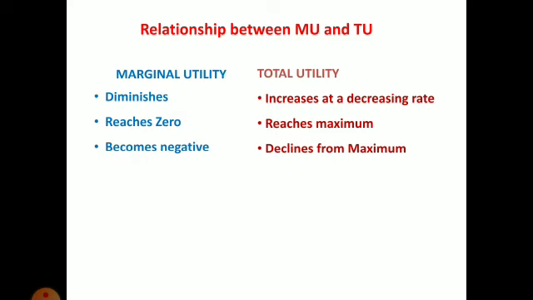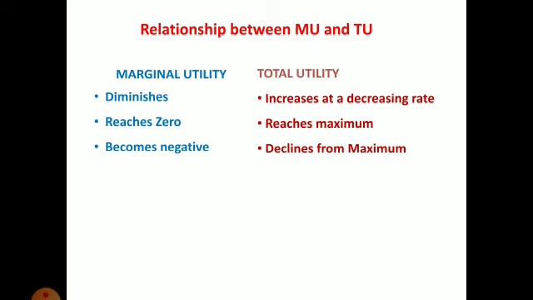Based on this, we can understand the relationship between marginal utility and total utility. If you just look into the graph, we can understand the relationship in a better way. We see that when the marginal utility diminishes, what happens to total utility?